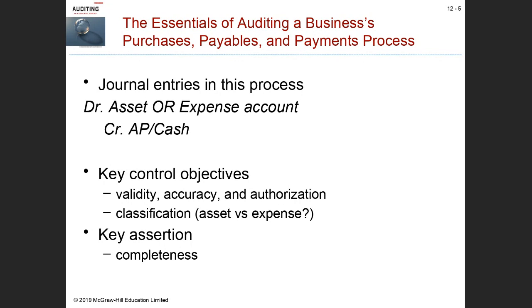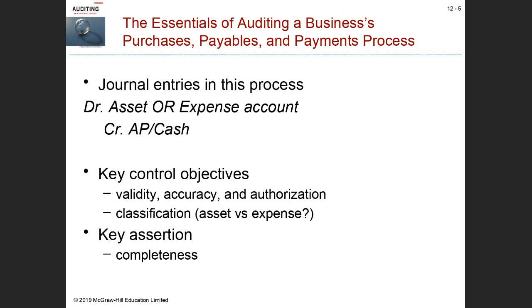And of course, with respect to any purchase, we want to ensure that purchases do not occur unless they're properly authorized. In addition, a key issue around internal control for the purchase system is when we do purchase something, is it properly classified as an asset versus an expense?